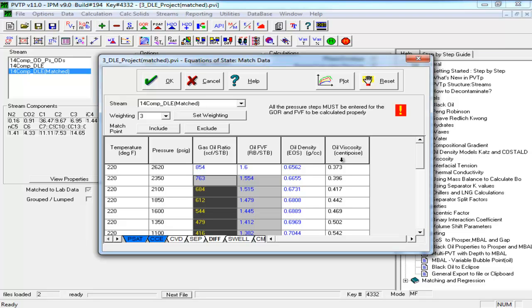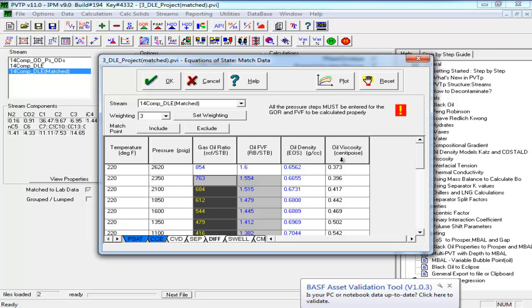I will take this, I will not look at this, and I will not look at the relative volume, because I know by oil density matching at saturation pressure, I improve two things together. I improve CCE and I improve this one here.